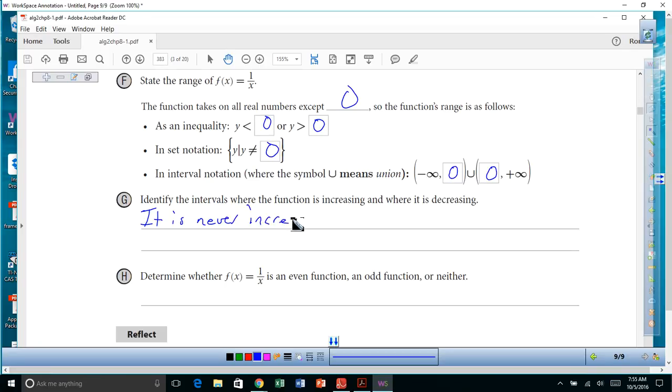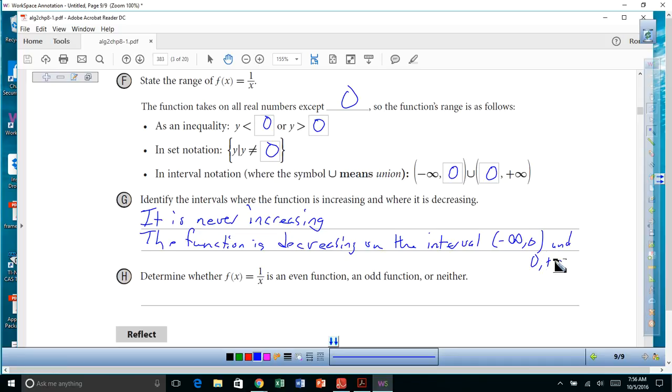The function is decreasing on the interval negative infinity to 0 and 0 to positive infinity.